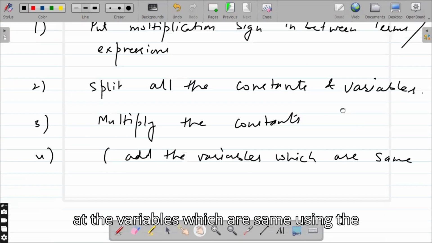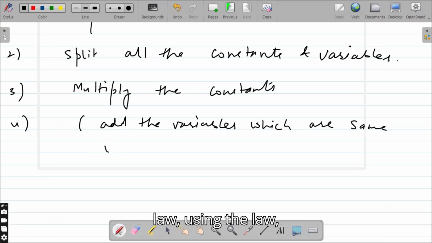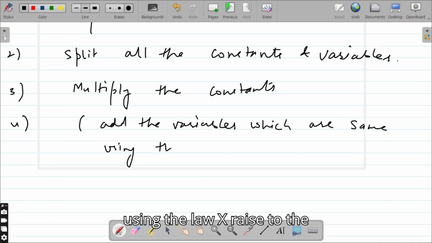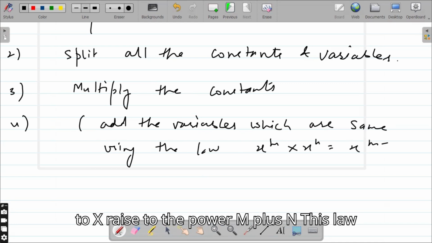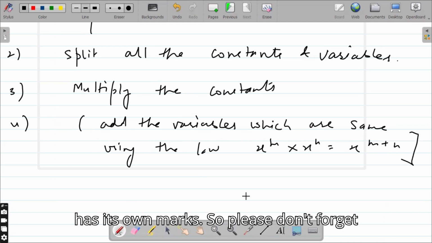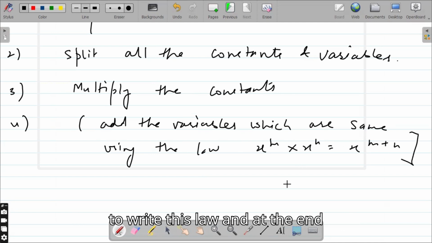Add the variables which are the same using the law x raised to the power m into x raised to the power n equal to x raised to the power m plus n. This law has its own marks, so please don't forget to write this law.